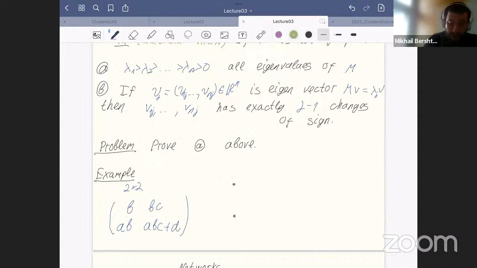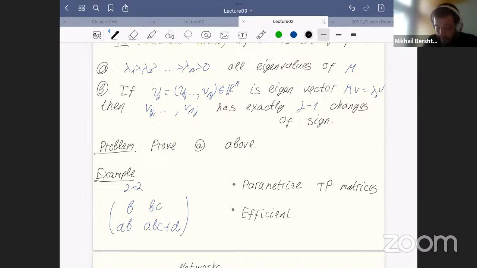First is to somehow classify or parameterize totally positive matrices. And another question is an efficient test for total positivity.